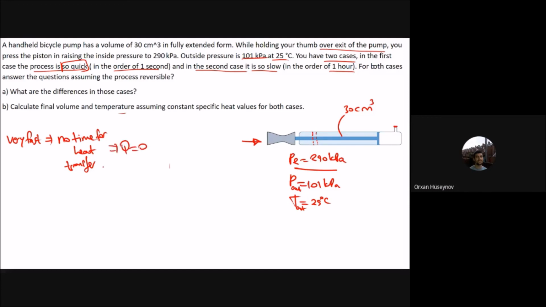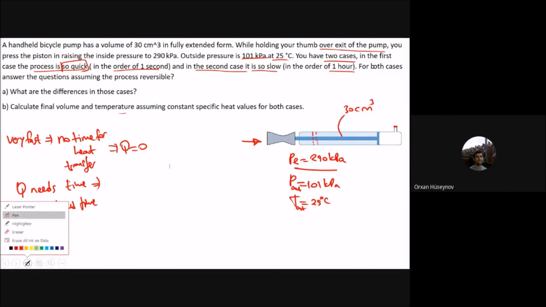Because if you remember from the first thermodynamics class, Q needs time. The heat transfer needs time, but work doesn't. Work transfer doesn't need time, but the heat transfer needs time.